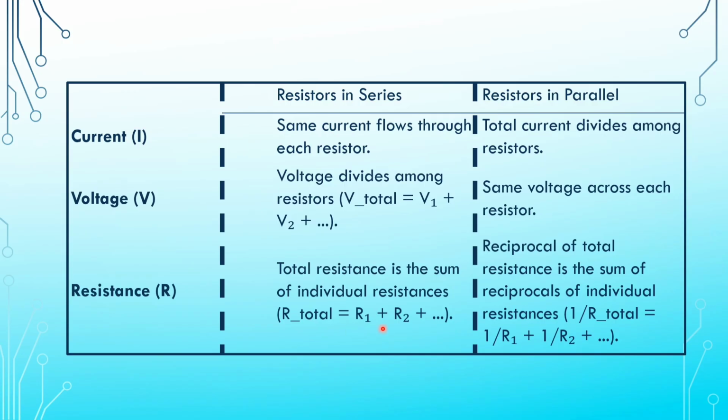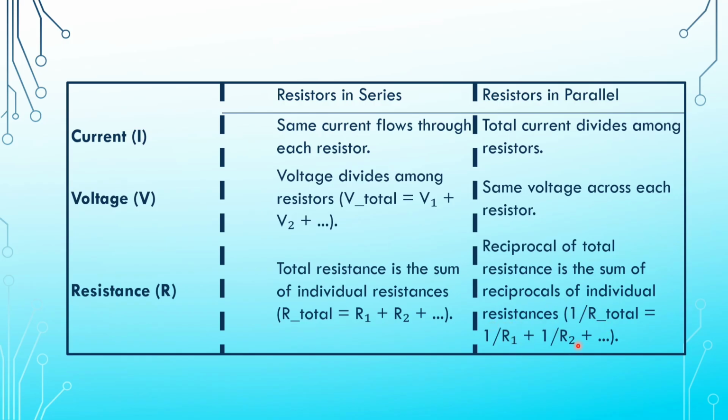When the resistors are in parallel, the total current divides among the resistors as I1, I2, I3, with the same voltage across each resistor. And for resistors in parallel, the reciprocal of the total resistance is the sum of the reciprocals of the individual resistances, that is 1 by R is equal to 1 by R1 plus 1 by R2 plus 1 by R3.